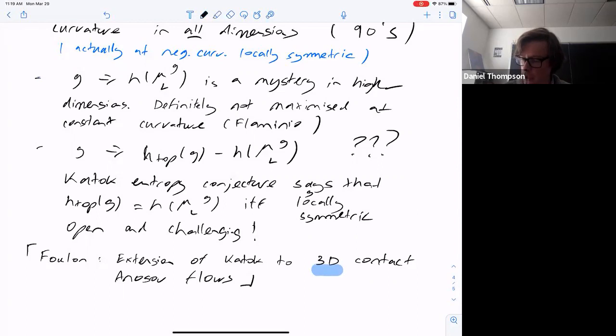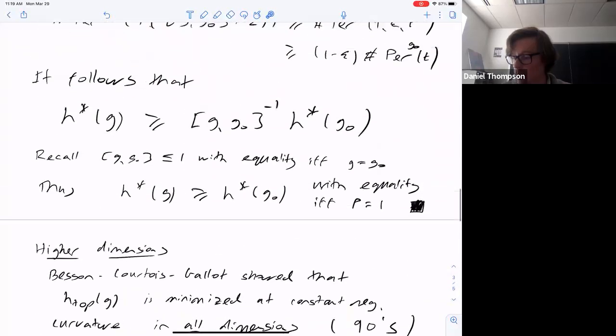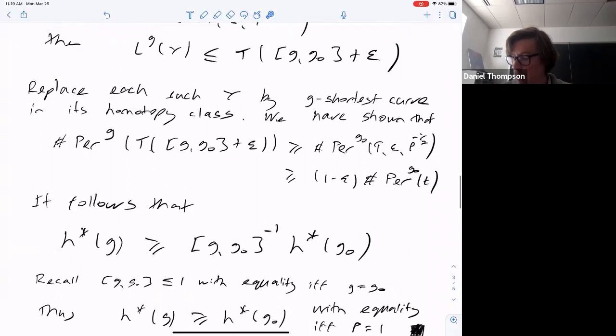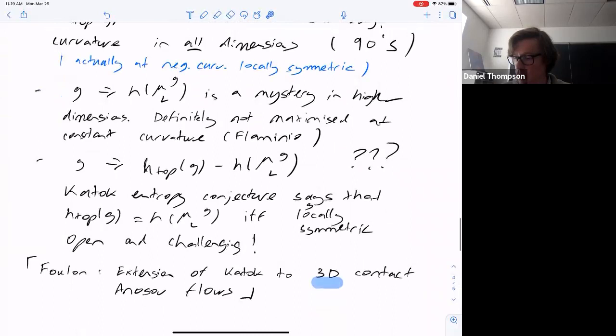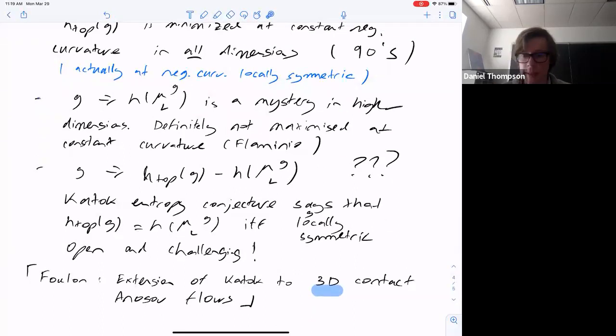And this generalizes negative curvature geodesic flows. So that's another direction this was generalized, and there are still some questions there. So we have a beautiful theorem in the negative curvature surface case, and a whole bunch of mysteries in settings beyond that.